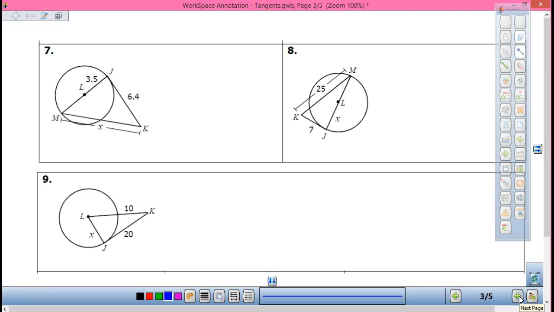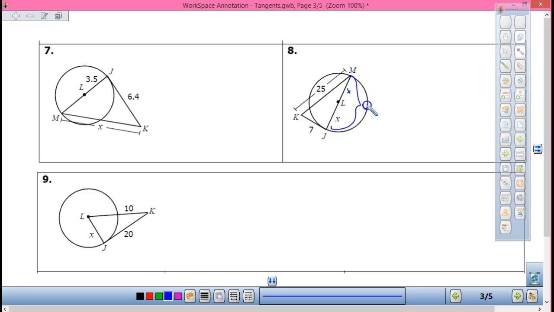Okay, 7 is that same thing where you have to add up that whole side. Okay, let's look at 8. How are we going to set up 8? Well, but what are you going to have to do with that 2x? Yeah, yep, because this is x, this is also x.